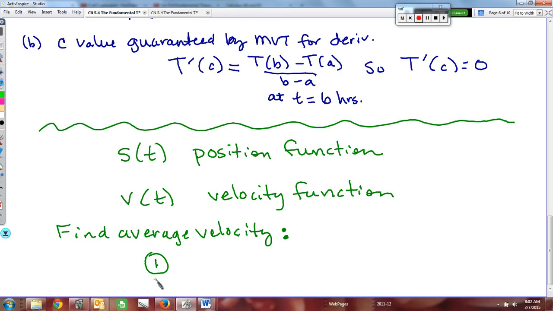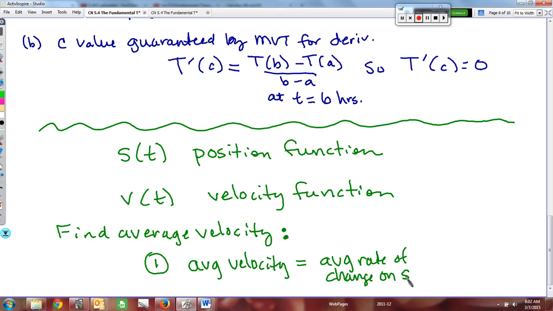The first method of finding the average velocity is to recognize that average velocity is the average rate of change of s of t. So I could find average velocity by doing the average rate of change on s of t, which is your change in position over change in time.